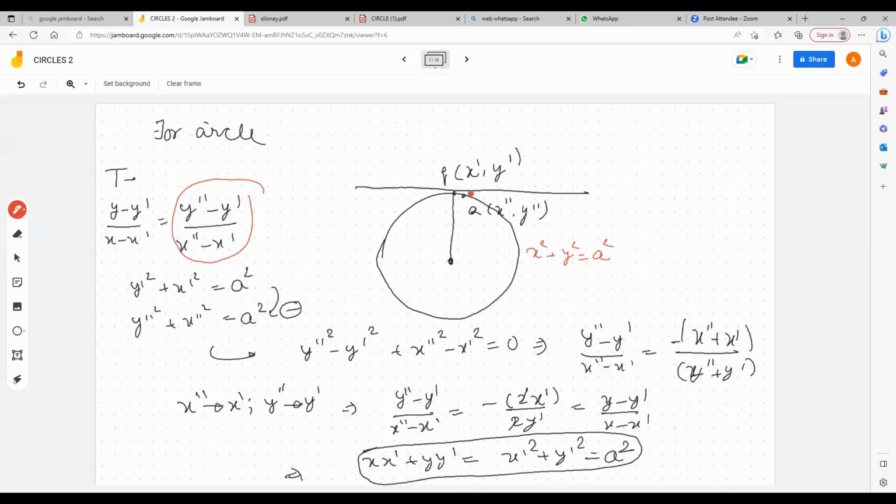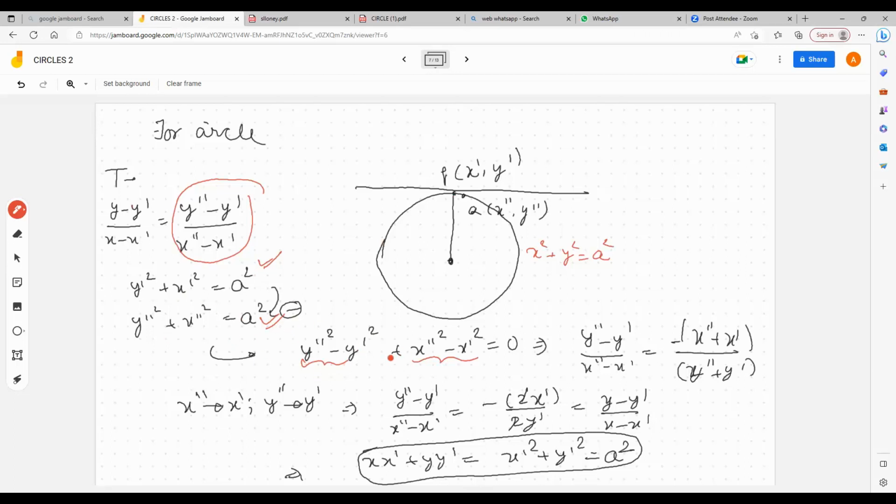And we also know that both P and Q satisfy the equation of the circle. So x' square plus y' square is equal to a square, and x'' square plus y'' square is also equal to a square. Now you subtract these two equations. When subtracting, a square and a square will get cancelled out.